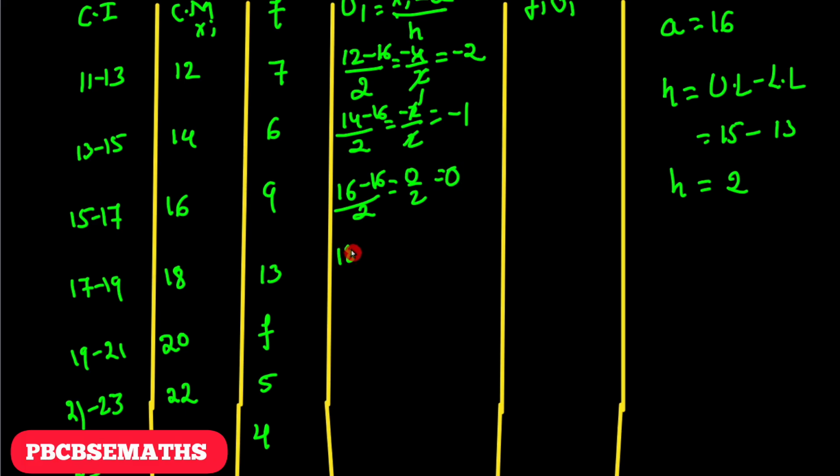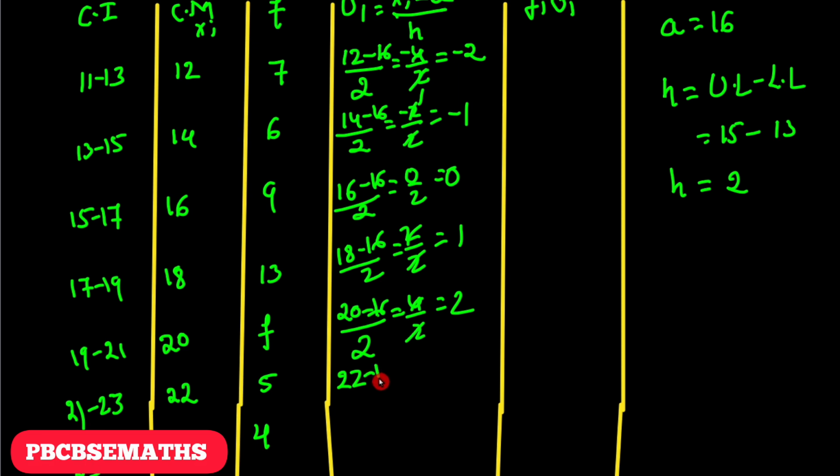Then 18 minus 16 by 2, which means 2 by 2, which gives us 1. 20 minus 16 by 2 means 4 by 2, which gives us 2. Then 22 minus 16 by 2, which means 6 by 2, which gives us 3. At last, 24 minus 16 by 2, which means 8 by 2, which gives us 4. So we got the values of ui.